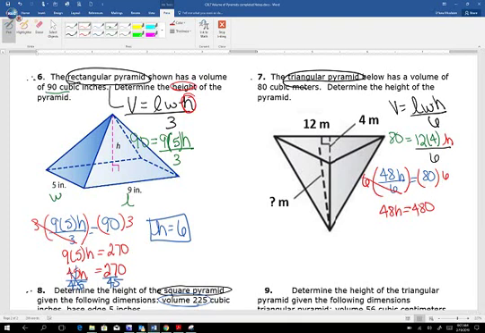Oh, this one's simple. We like these. Then I need to divide both sides of the equation by 48. And the height of this pyramid is 10. Are there any questions about finding the height of triangular pyramids?